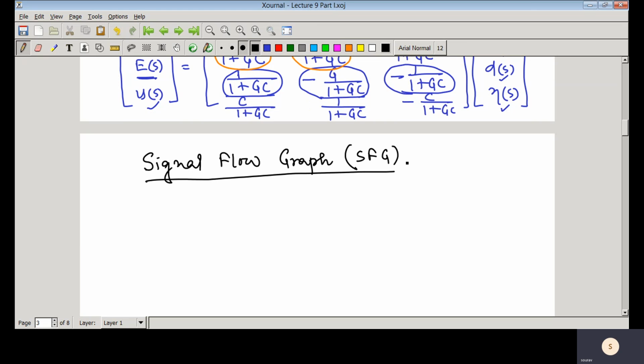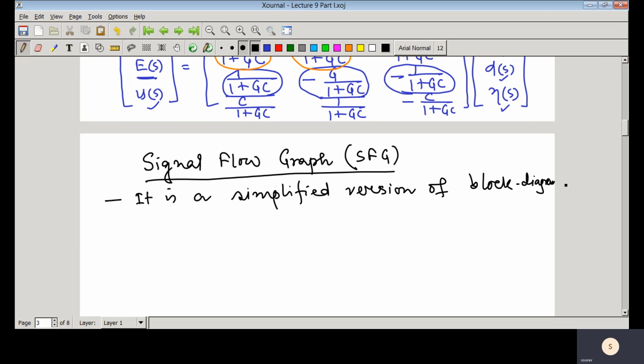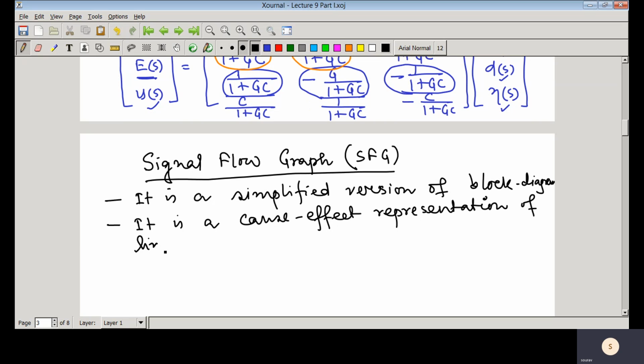It is a simplified version of the block diagram that we have already discussed, and it is a cause-effect representation of linear systems. So you should remember these things.